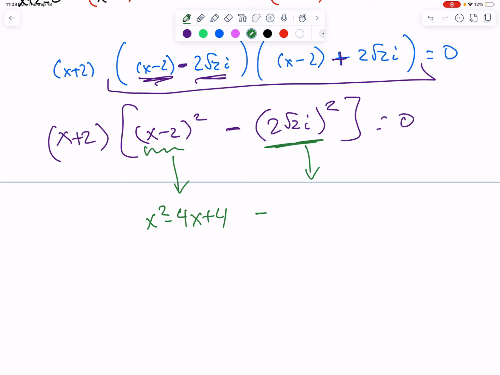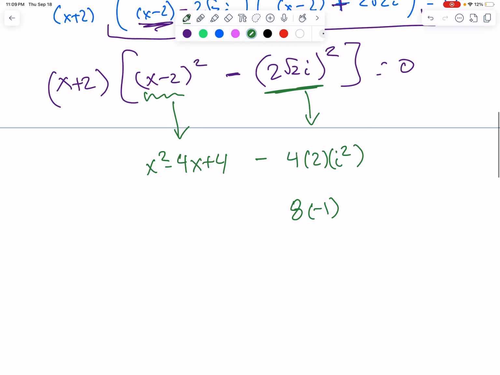Square root 2 squared is 2, 2 squared is 4, and i squared is -1, so 4 times 2 is 8, and i squared is -1. Keep in mind we have a negative in front, so we have -8, which becomes plus 8. So now at the bottom here we have x squared minus 4x plus 4 plus 8, and that's going to get multiplied by x plus 2.